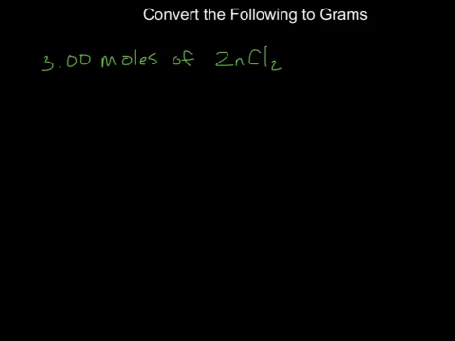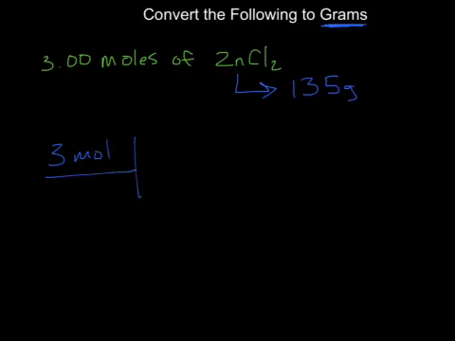Let's go ahead, continue our conversions. Okay, we have zinc chloride. Once again, we're going to need the molar mass because grams are in the equation, right? So the molar mass turns out to be 135 grams. So now we have 3 moles. Let's go ahead and say that in 1 mole of zinc chloride, we have 135 grams.